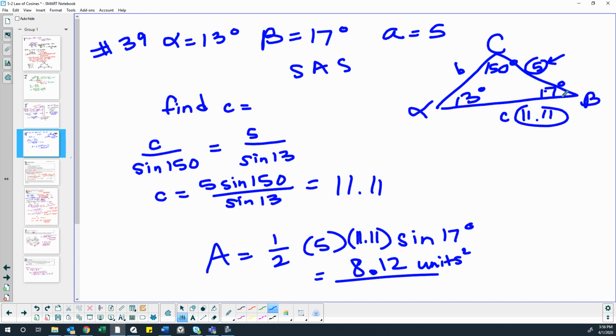We calculated side C, and then we used A, beta, C. It would have been just fine to find side B instead, and then use B and A and the sine of 150. Or if you really wanted to do more work, you could do B and C and then use angle 13 degrees instead. It shouldn't matter which side-angle-side you use, you should get exactly the same area for the triangle.